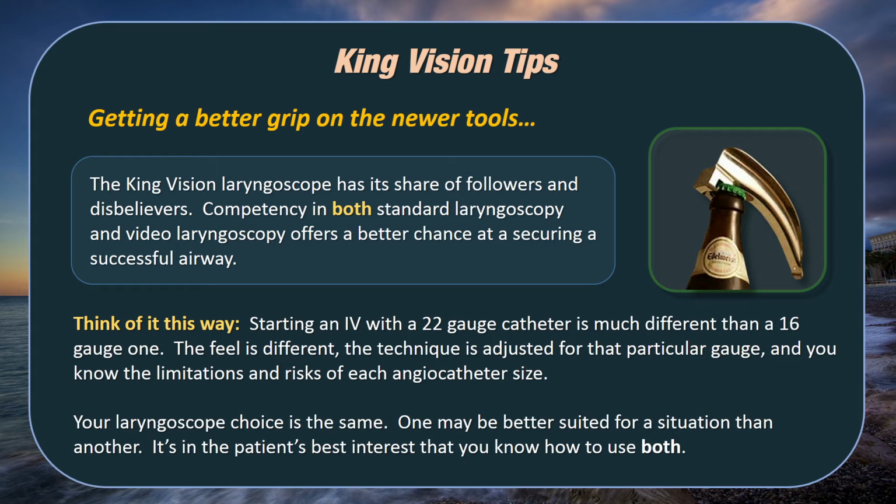It's no different than when selecting an IV, whether it be a 22 gauge catheter versus a 16 gauge. You're going to use a little bit different technique to get those catheters to go in. It's no different with our blades, and they may suit us for the situation we need, whether it be the patient being very anterior. The camera blade may help us, and we're going to talk about that camera blade a little bit more.